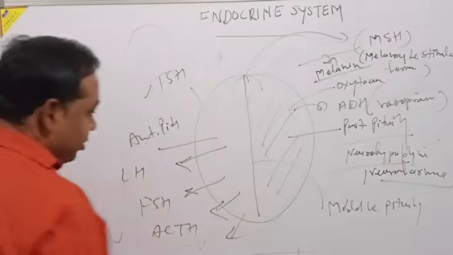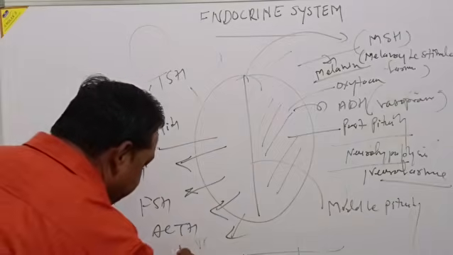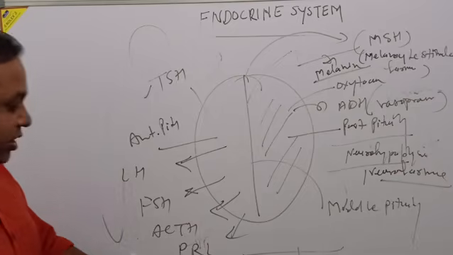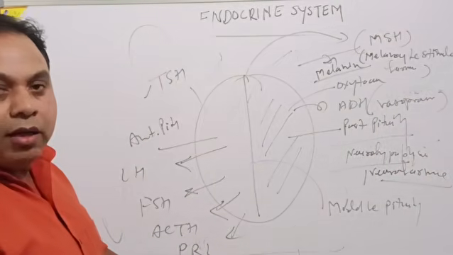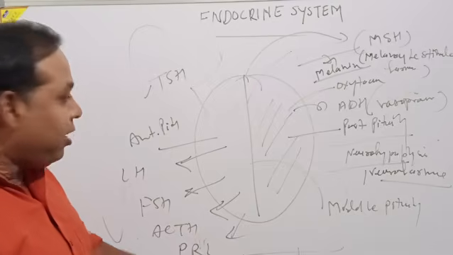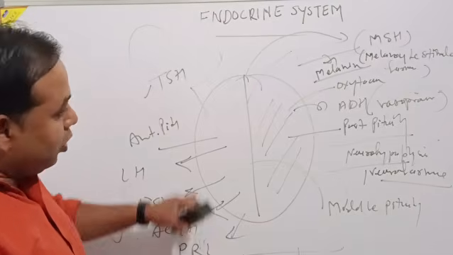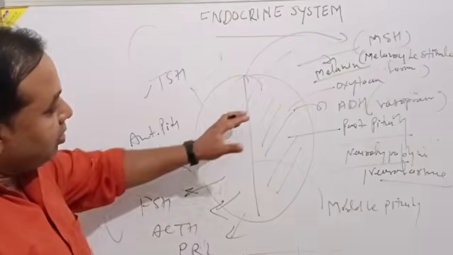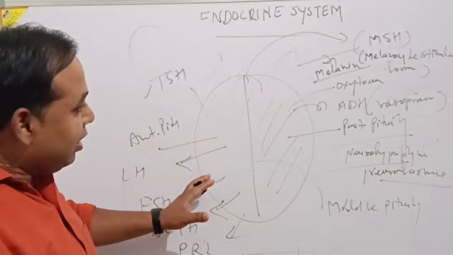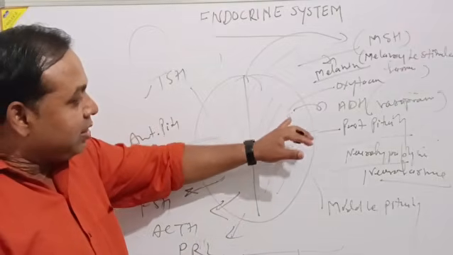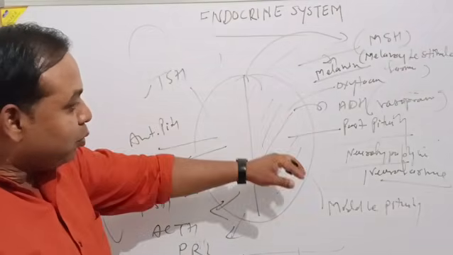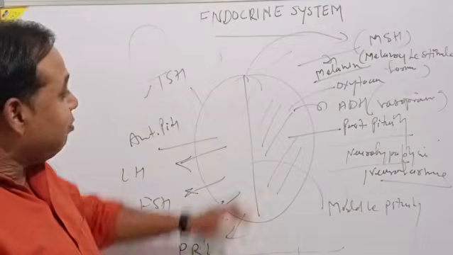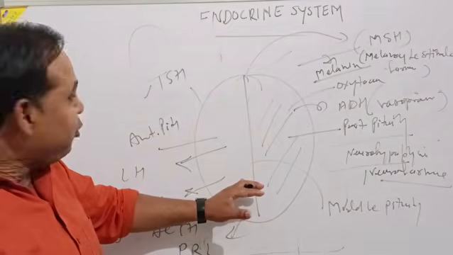Another hormone is PRL, the prolactin, which helps in the formation of milk inside the mammary gland. So these are the hormones which come out from the different parts of the pituitary gland. ADH and oxytocin come from the posterior pituitary, and MSH, the melanocyte stimulating hormone, comes from the middle pituitary.